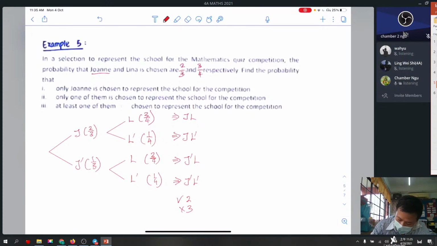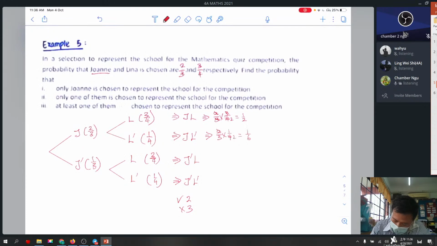So if this is the outcome, the first one both are chosen. This means 2/3 times 3/4. Now we simplify it is 1/2. If Joanne is chosen, Lina is not chosen, it is 2/3 times 1/4.